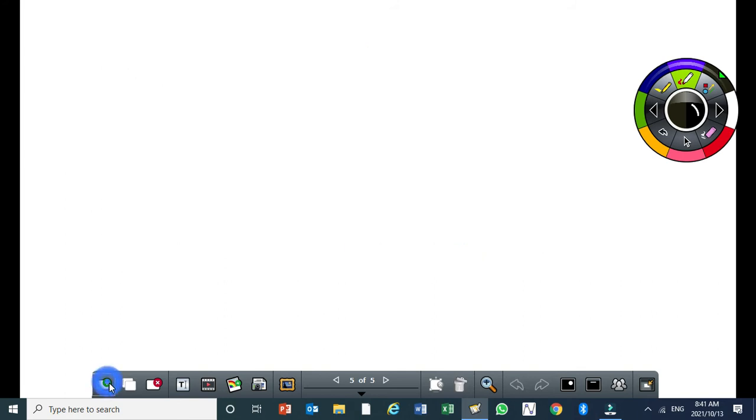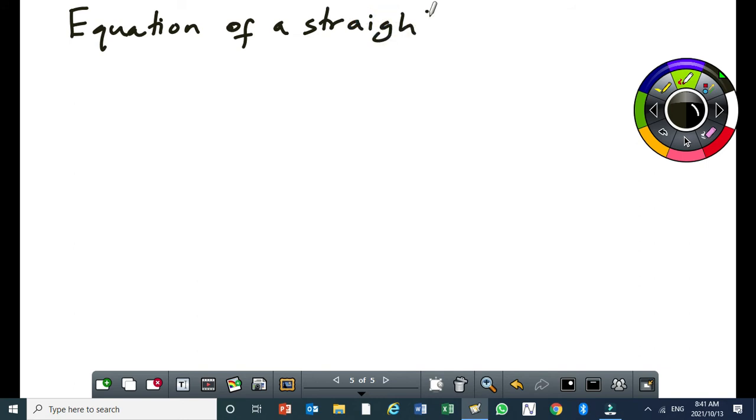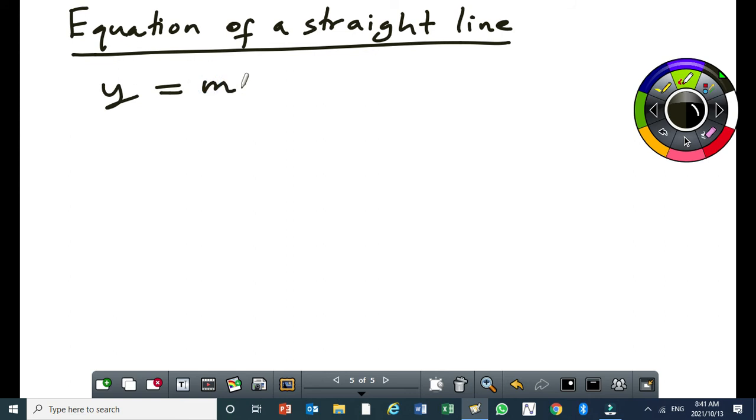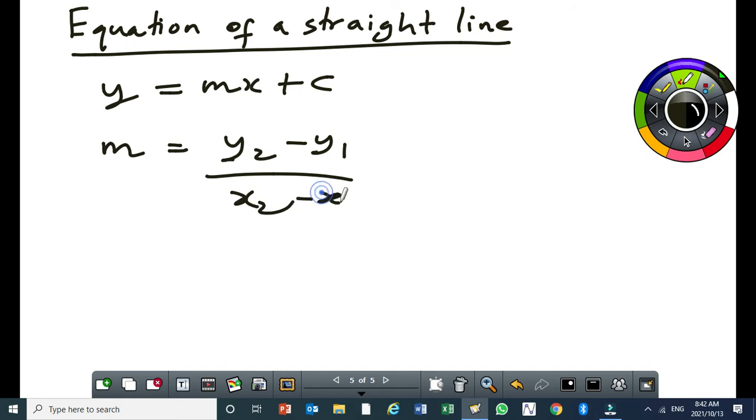So the general equation, you know, is y equals mx plus c, where m is equal to y2 minus y1 over x2 minus x1.